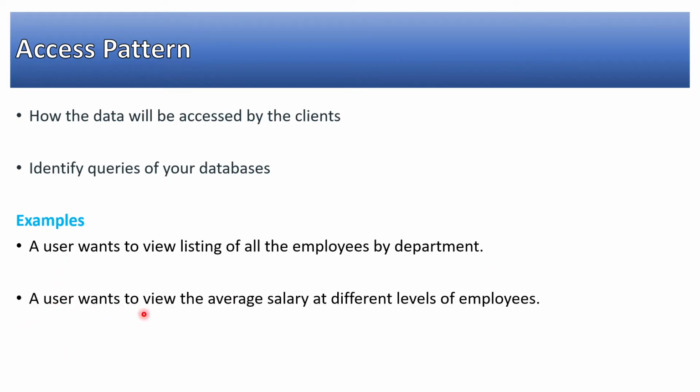Second is a user wants to view the average salary at different levels of employees. So it could be the level of employees as well as the average salary. If we have to design the database of employees, then we will have to consider embedding versus referencing.